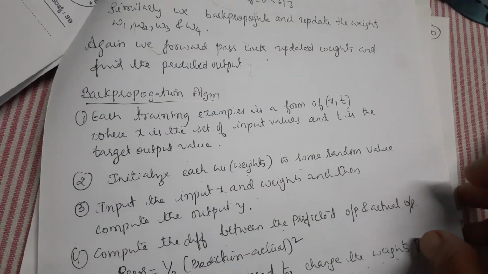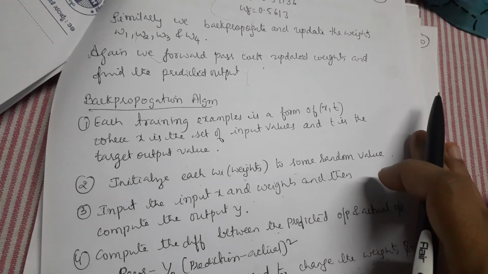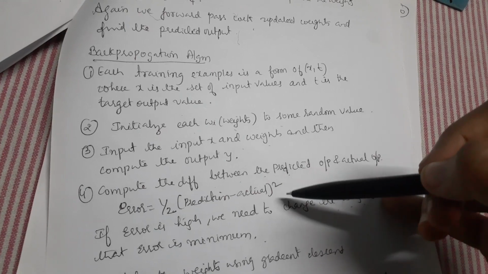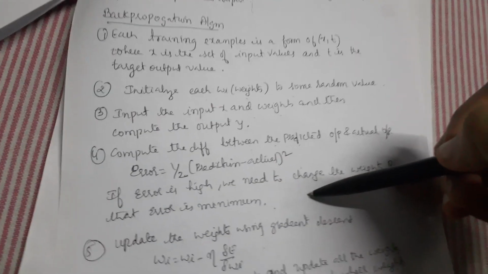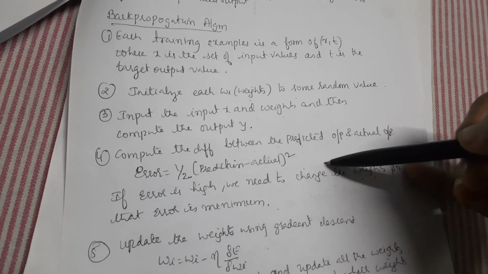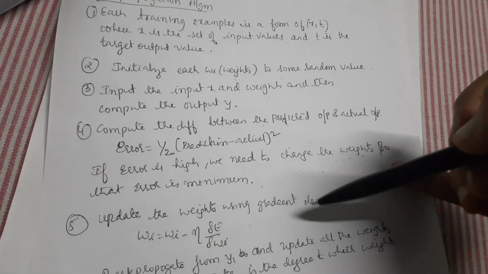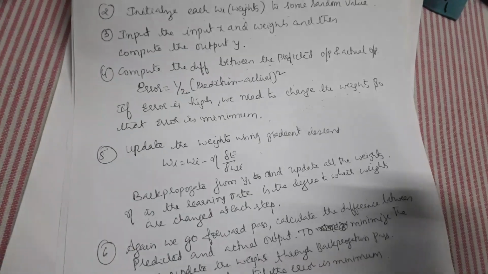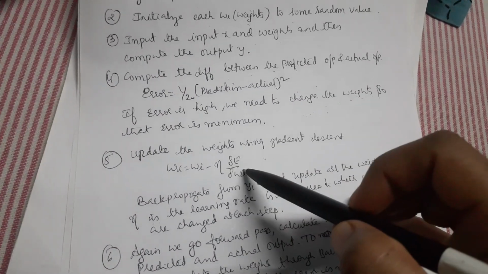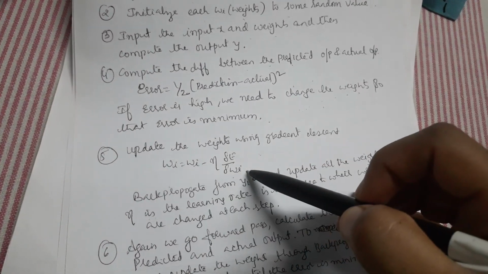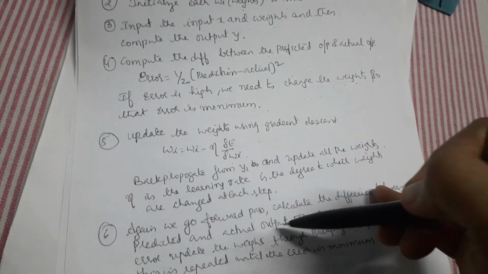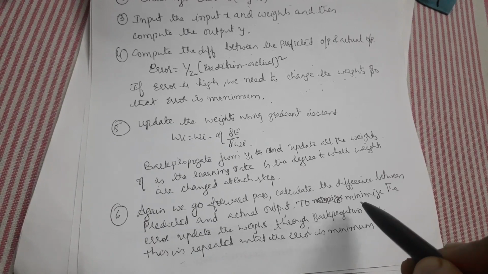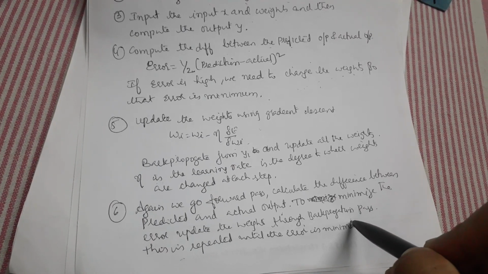So the algorithm for this is: you initialize random weights, then predict the output. If the error is minimum, okay. If the error is high, you need to change the weights. After calculating, you update the weights using this formula, which we have just seen. Again do the forward pass and calculate the difference between the predicted output and the actual output.